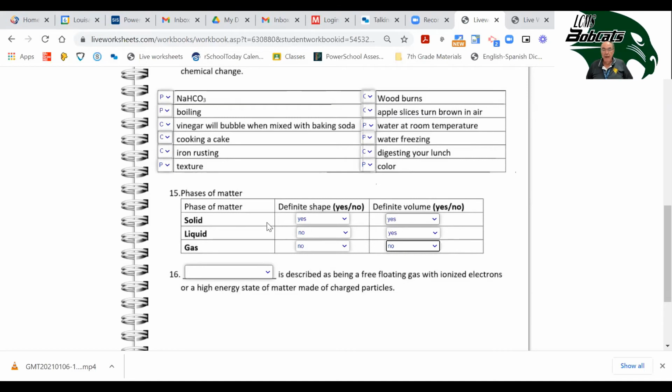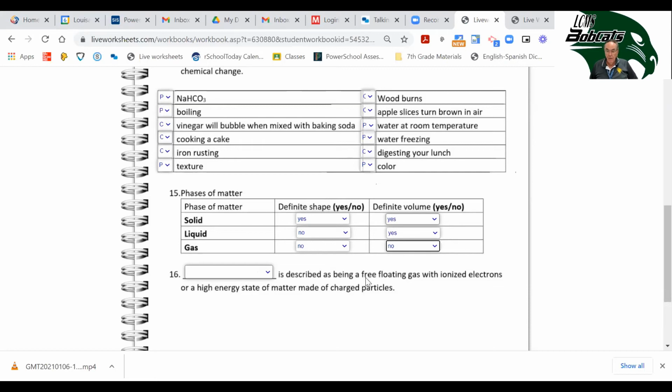A liquid is a substance that does not have a definite shape, but does have a definite volume. A gas is a substance that does not have a definite shape and does not have a definite volume. So you can get this filled out on a test, and you make yourself a little chart. There you go, you get the answers to the definitions of all three phases of matter.